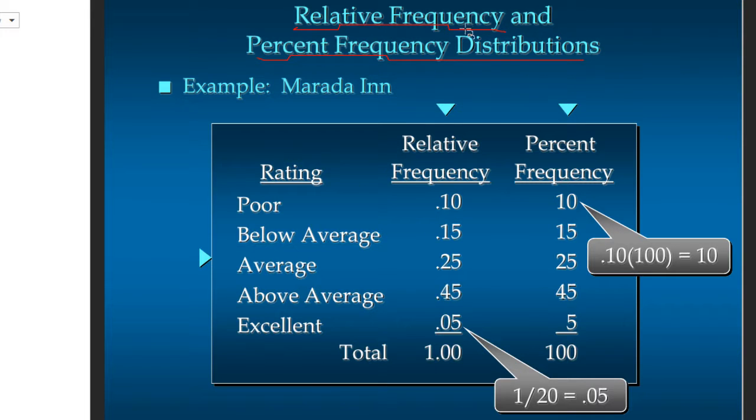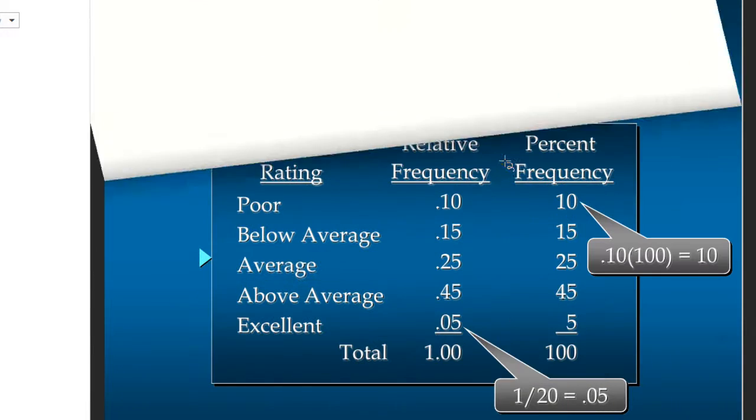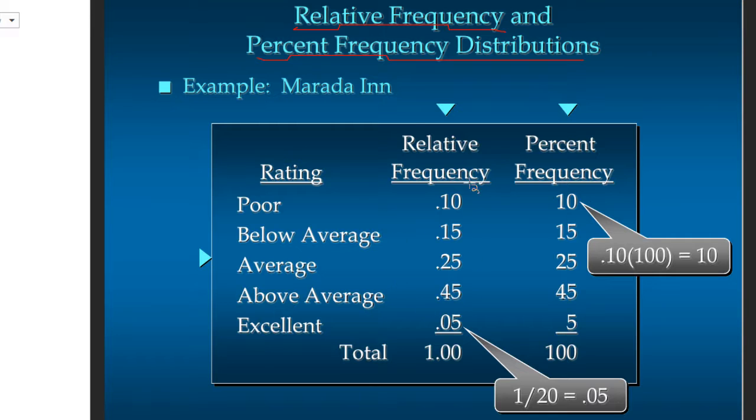So these are pretty similar to our original frequency distribution. Let's check out the relative frequency. For example, in here, excellent, we got 0.05. Where do we get 0.05?